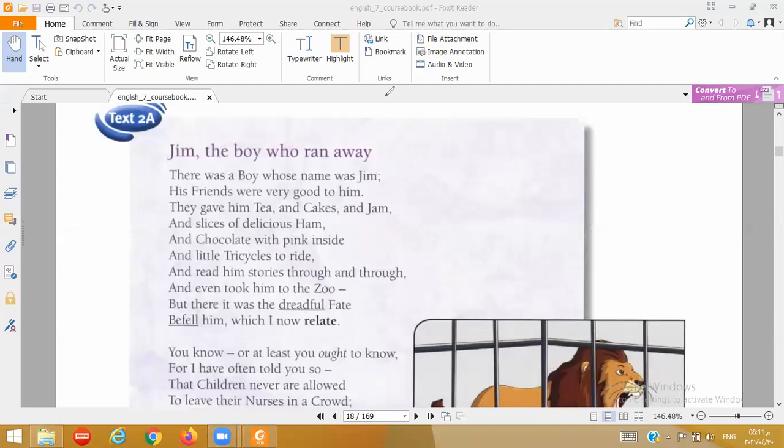I want to ask Nurai and Zain, is that title interesting? Does it create suspense? Yeah, so much. It tells you the components of the story by telling you Jim, the boy who ran away from something.